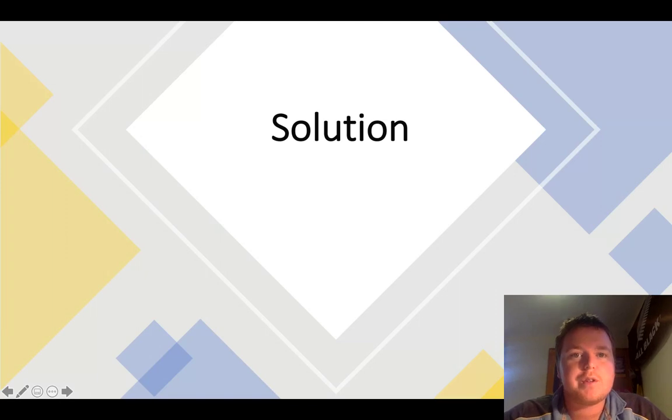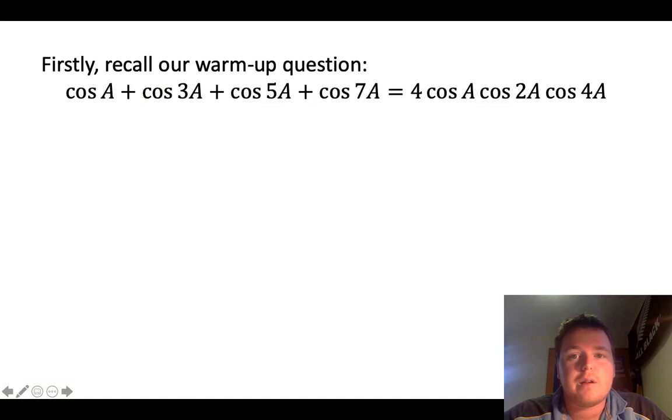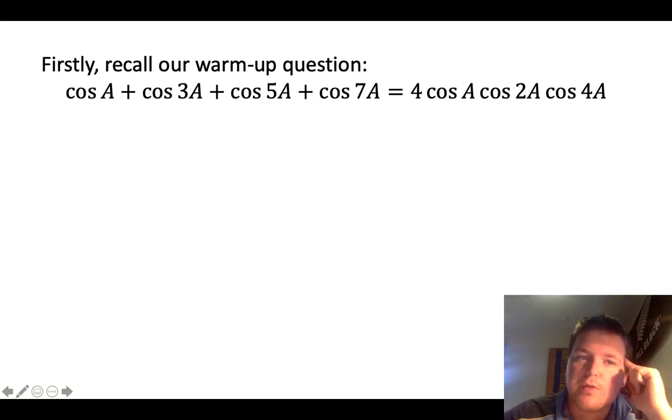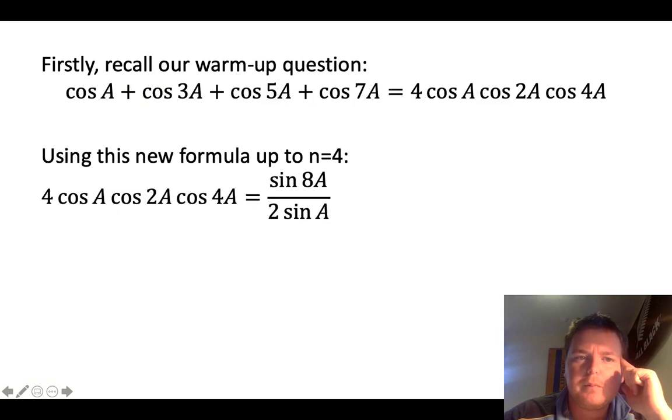Solution for this, or maybe just have a watch. So we can apply this formula just to show it works for our warm-up question. We've got 4 terms there, so apparently if we sub in n equals 4, this formula is true.